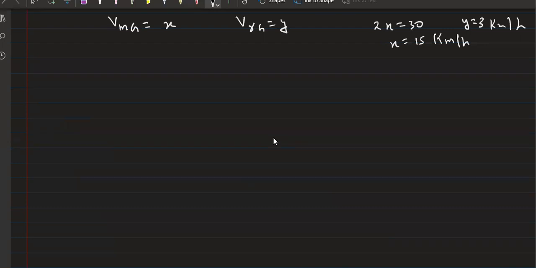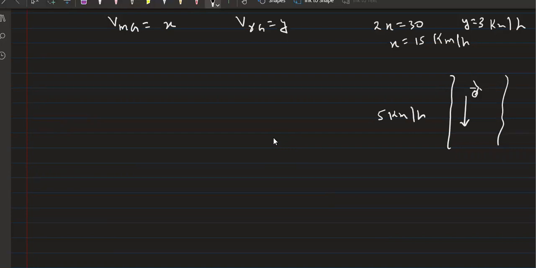So first, let's visualize. Suppose we have a river and you're just swimming here, right? Now, if the river is not flowing and your speed is 5 kilometer per hour, case 1, this is your speed with respect to ground.